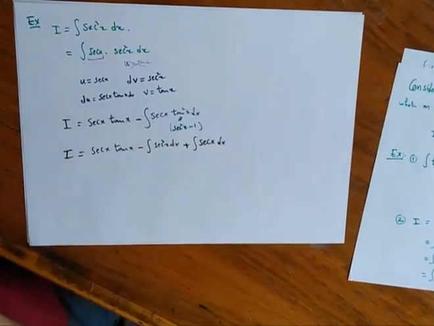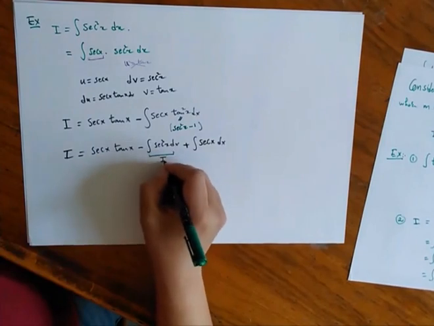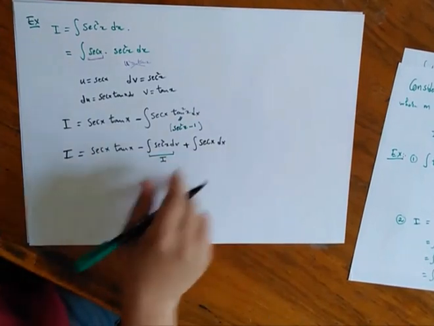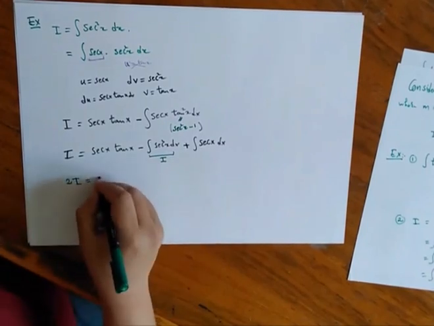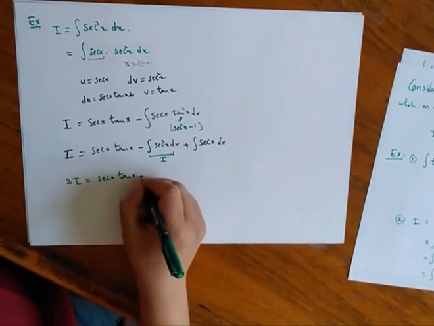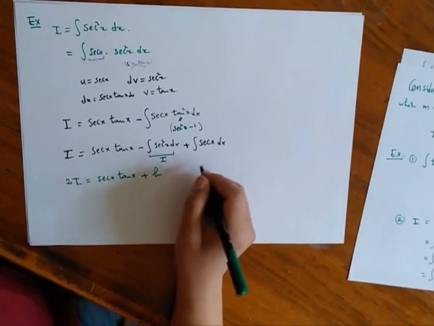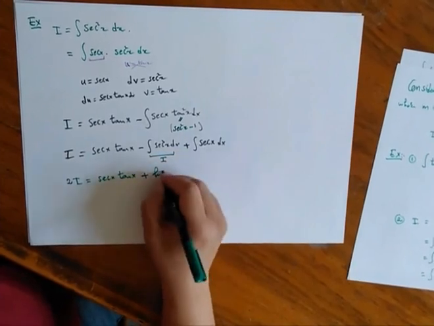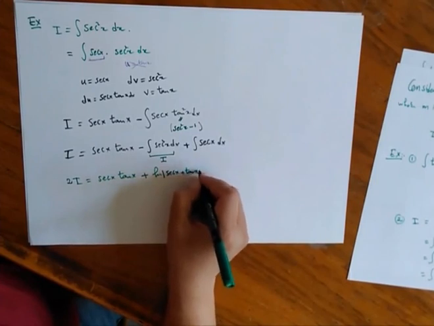Now we have some good news: again this is I. If we take it to the other side, you will have 2I equals sec x tan x, plus this integral, which is easy, that we just did, so it is ln the absolute value of sec x plus tan x.